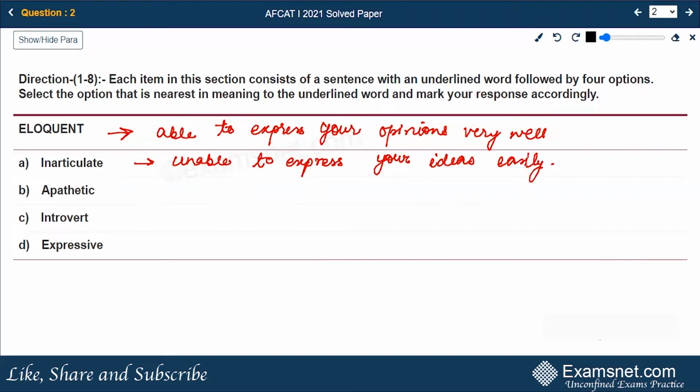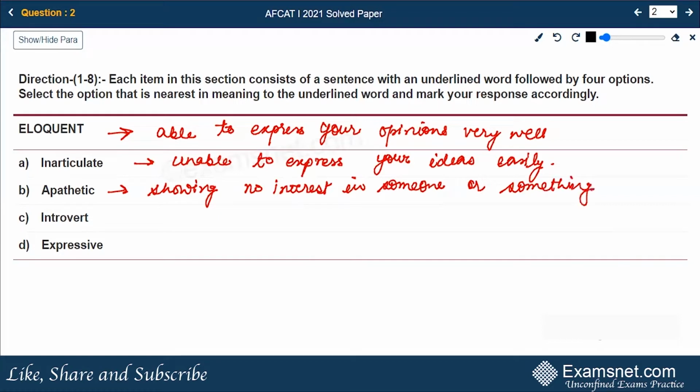Pathetic means showing no interest in someone or something. Introvert means a shy person who is reluctant to talk. Expressive, you know what is expressive?